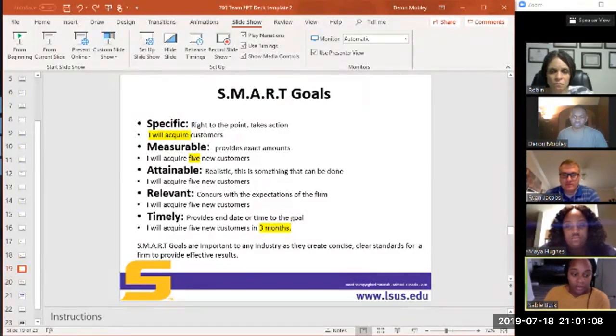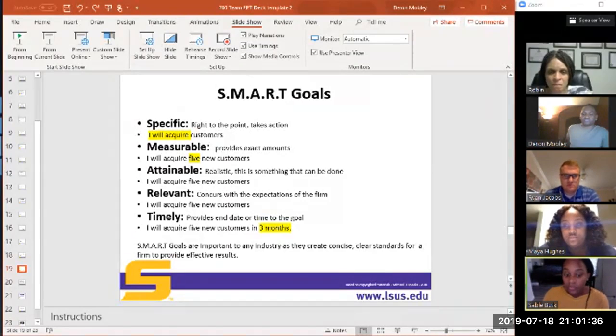The SMART goal that I use as an example is I will acquire 5 new customers in the next 3 months. It's specific. It tells you that you will acquire. It's measurable. You have a count number that you'll acquire 5 clients. It's attainable. It's something that can be done. It's relevant for someone who is in retail.